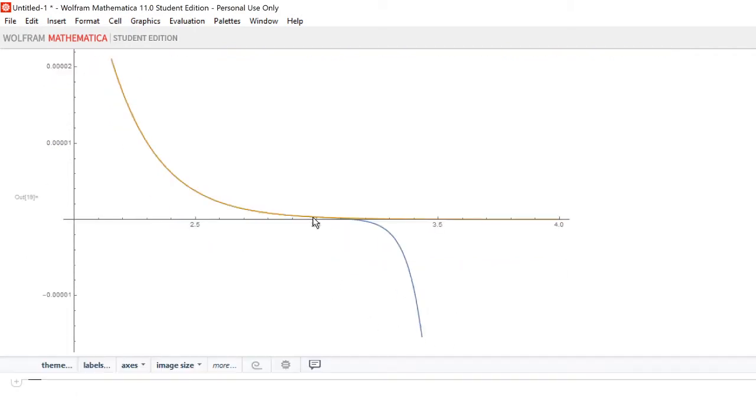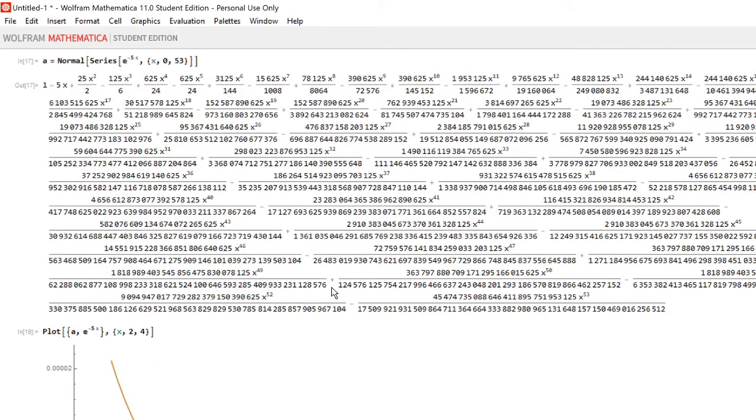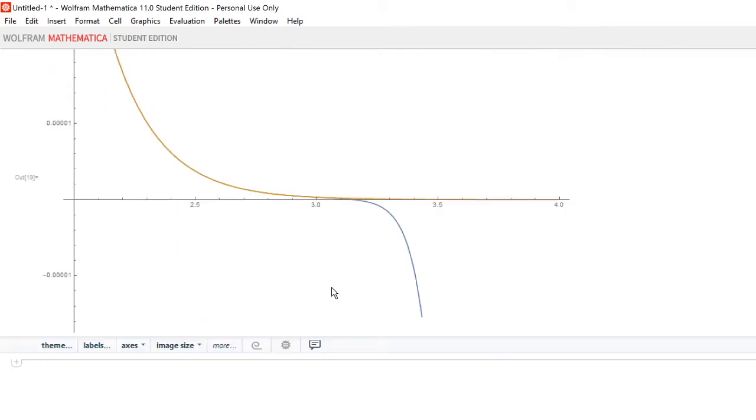And now I am a very good fit out at 3 with 53 terms. But look, it didn't get me very far, right? By 3.1, I'm already deviating. So I went from 20 terms to 54 terms just to get accurate to 3.